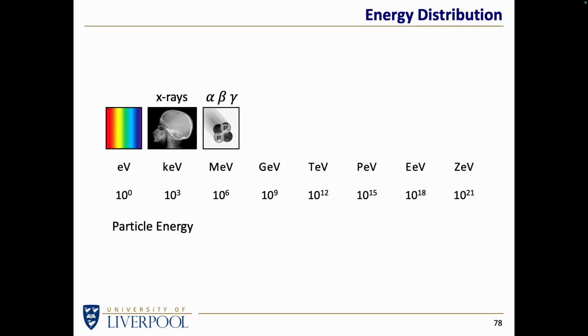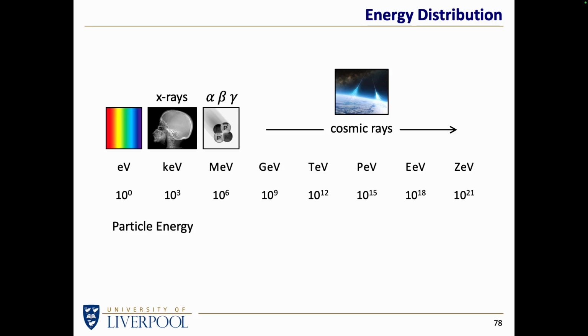If we go 1,000 times more energetic, we get to X-rays, which of course can penetrate much more than visible light can. If we go to 1,000,000 times an eV, we get to the energies of alpha and beta and gamma particles spat out from radioactive samples. But for cosmic rays, we have to go to 1 billion or 1 trillion or 1 quadrillion or septillion.